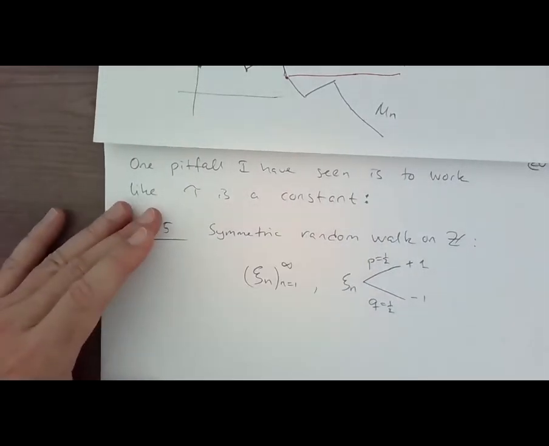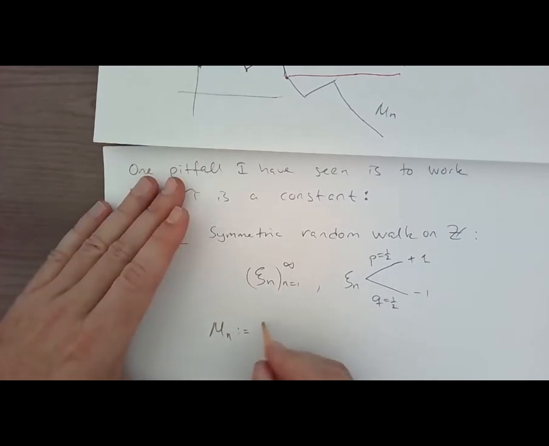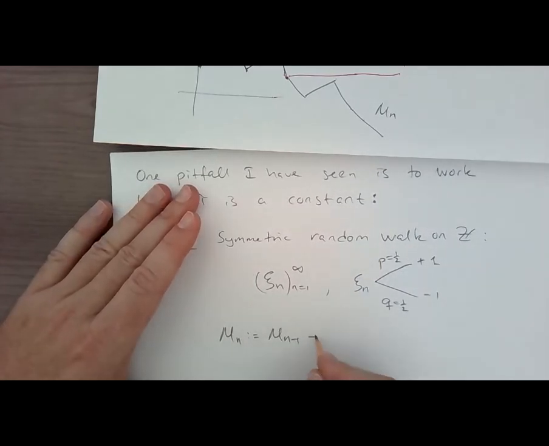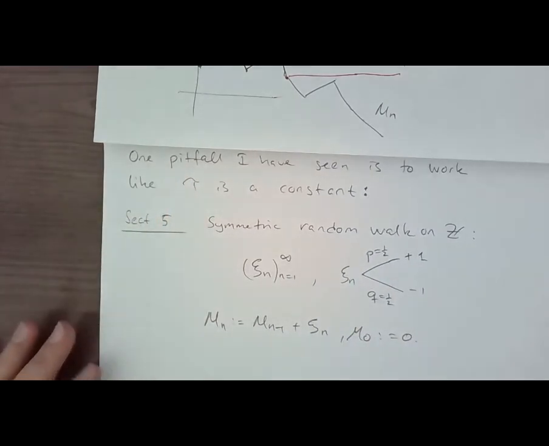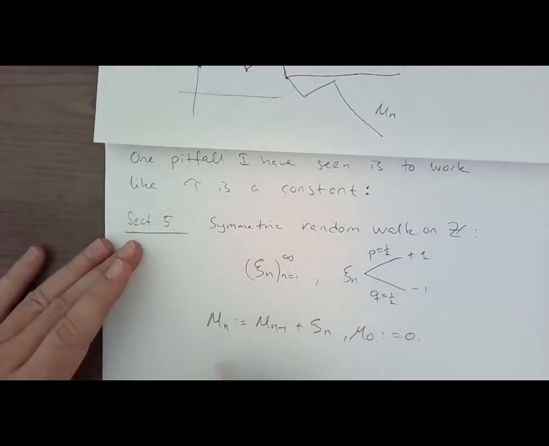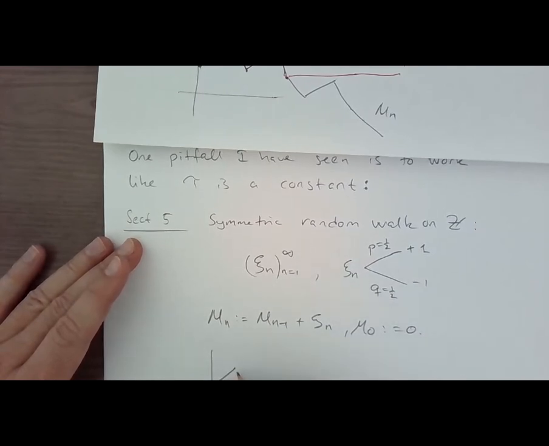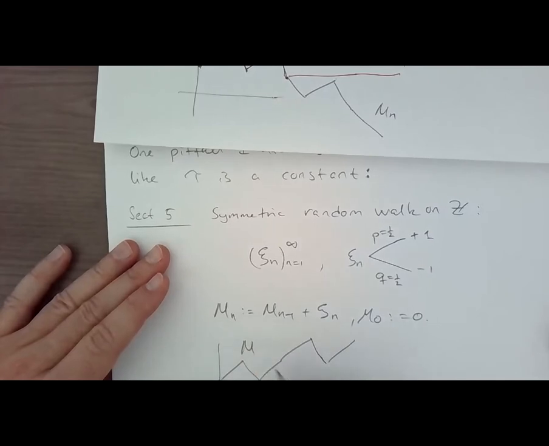You get the symmetric random walk simply by saying that M_n is equal to the previous one plus a psi, and it starts out at 0. This symmetric random walk on the integers would look like this. You go up to 1, down to 1, and then here and here, and then you can keep going up, keep going down, and you can jiggle. So this is a path of M here.